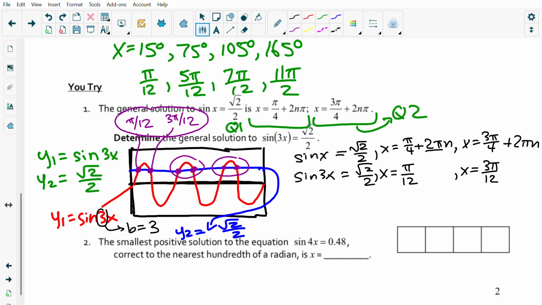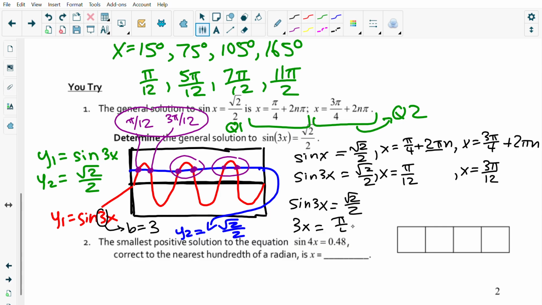Well, what's the periodicity? If the b value is 3, let's think of it this way, folks. Sine of 3x equals square root of 2 over 2.